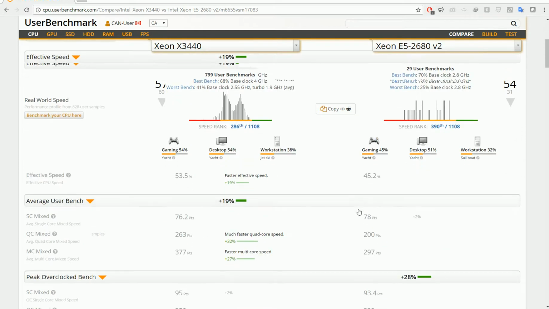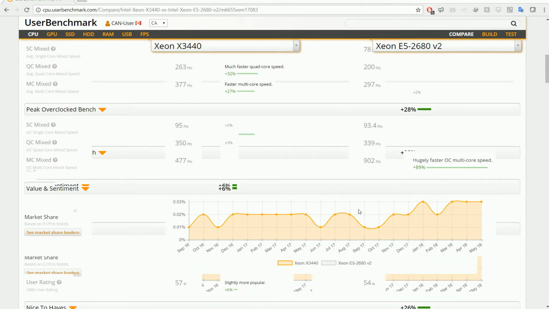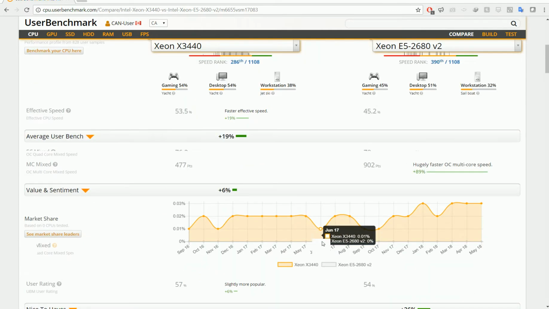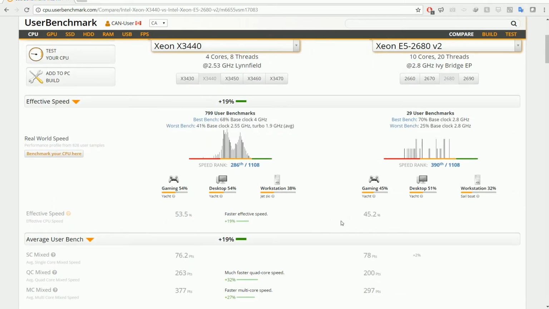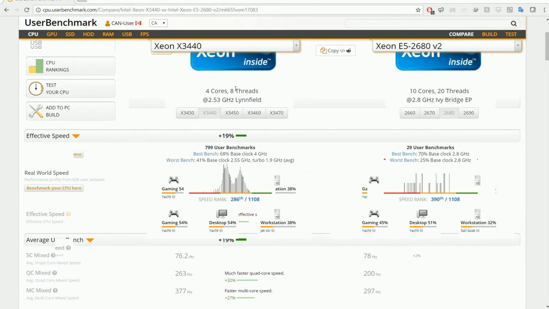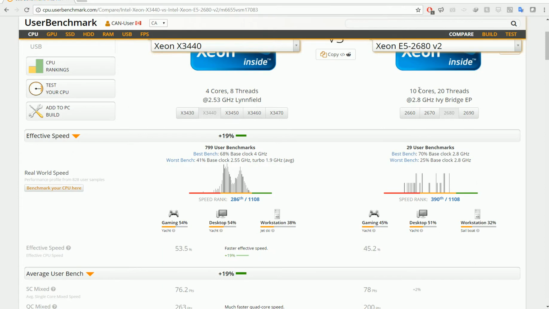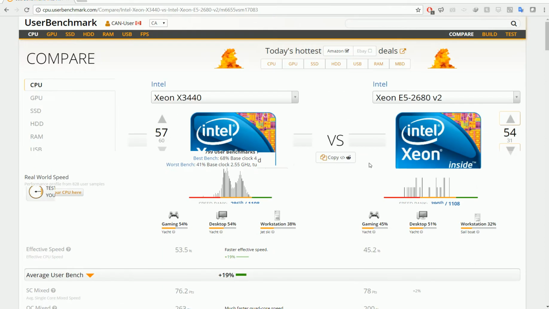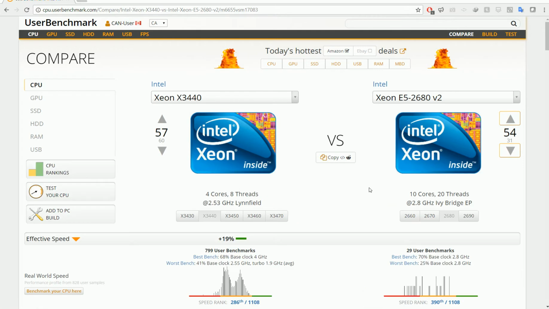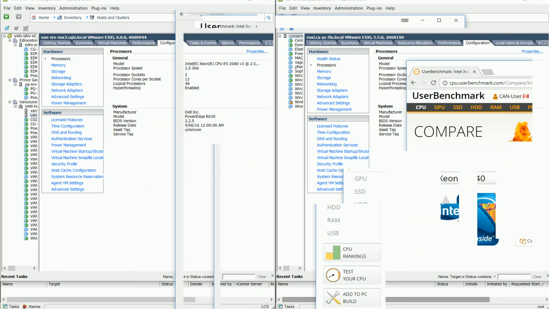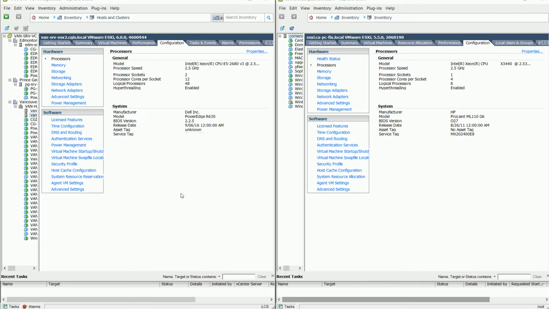For sure this CPU has fewer cores: this is 4 cores, this is 10 cores. So considering single core, this entry-level server even has the better CPU, but for sure if you have more cores, you can support more workload.